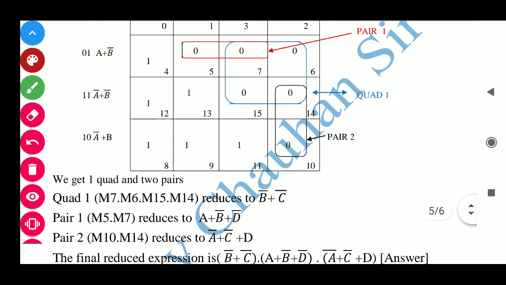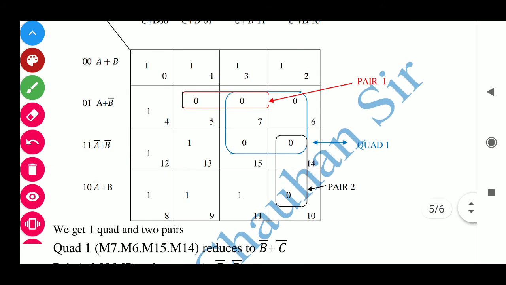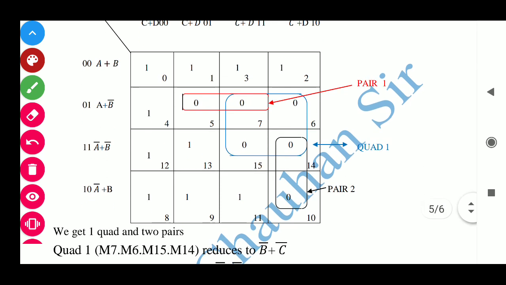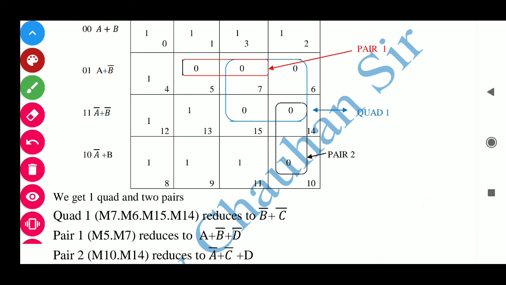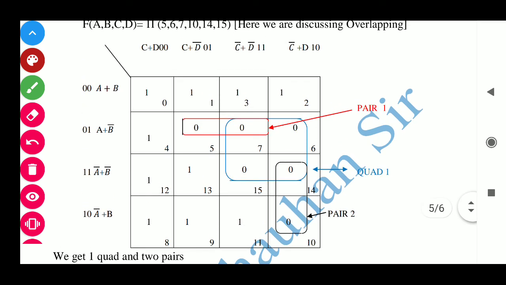Now expressions are clear, I think. For pair 1, second row and 2 middle columns, I think it is clear. And for pair 2, last 2 rows and last column.